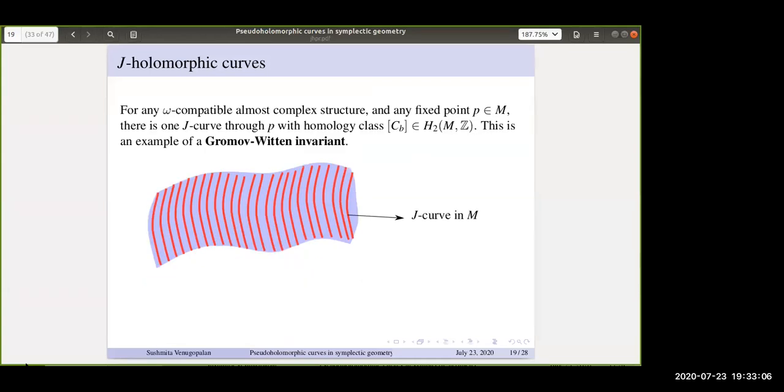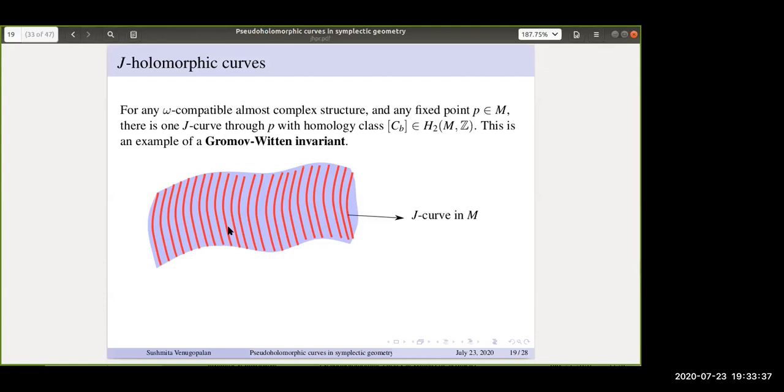And what we are looking at here is, one could say, the first example of a Gromov-Witten invariant. Gromov-Witten invariants are a big thing studied by symplectic and algebraic geometers. So in this very simple scenario, we have encountered a Gromov-Witten invariant. We have not shown anything yet.